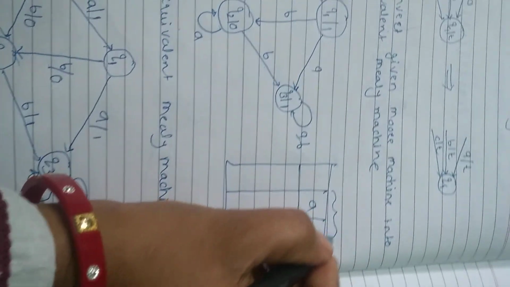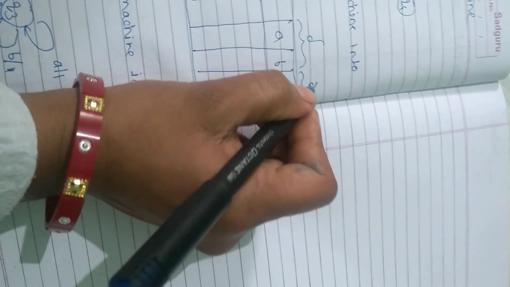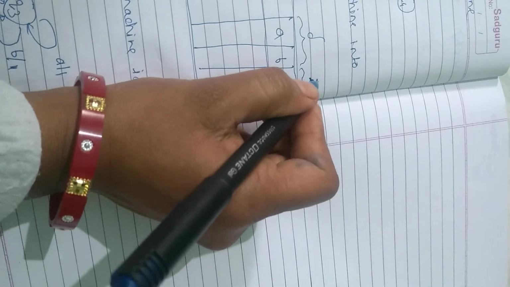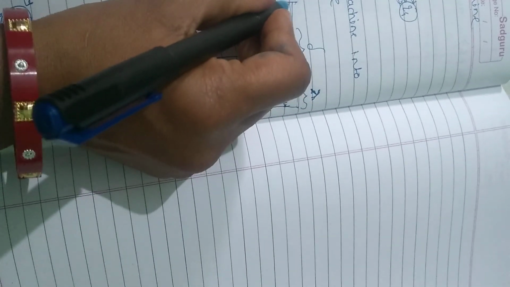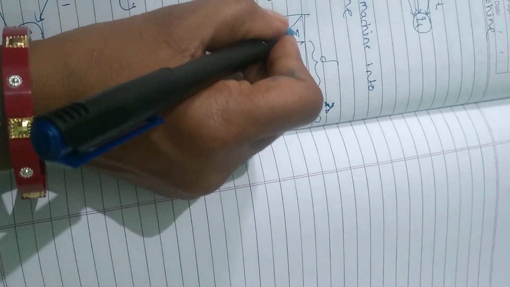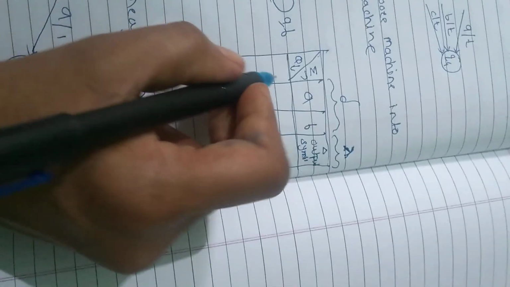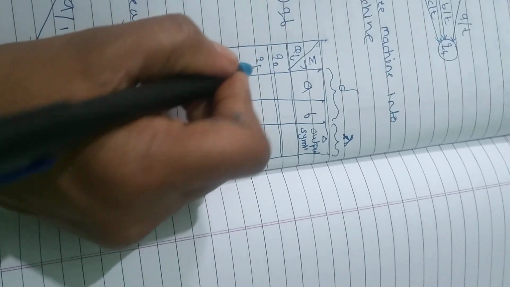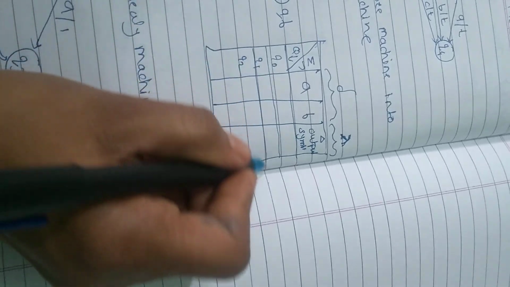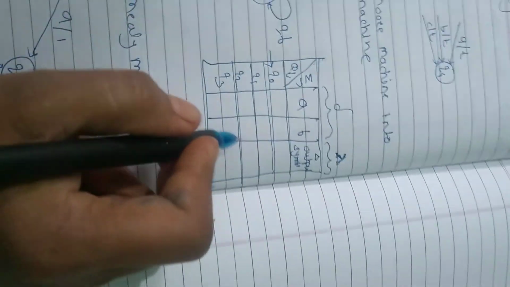This will be the delta function and this will be our lambda function, the machine function or output mapping function. This part is nothing but the sigma, and this is nothing but the states. How many states are there? Q0, Q1, Q2, Q3. The initial state is Q0.